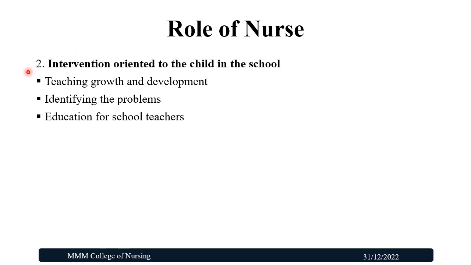Second one, intervention oriented to the child in the school. First one is to teach the parents and the teacher about growth and development. Second one, yearly identification of problems of scholastic performance such as specific reading disorders, which is known as dyslexia, specific spelling disorders, specific arithmetic disorders, and the emotional disturbances among school children, and giving timely interventions.